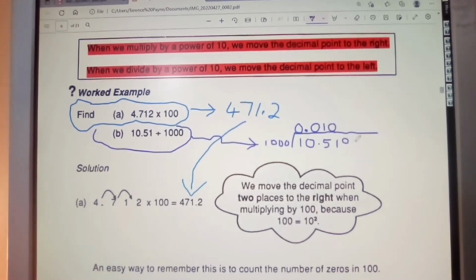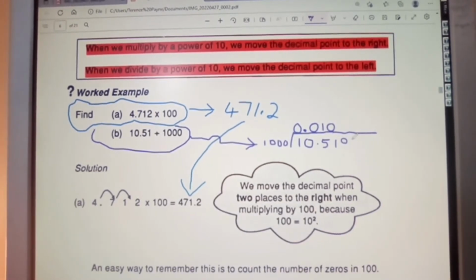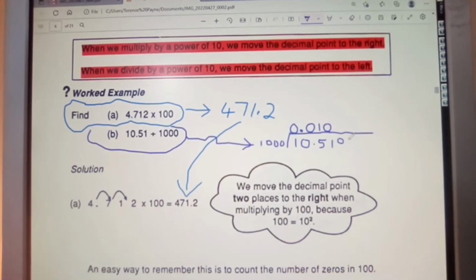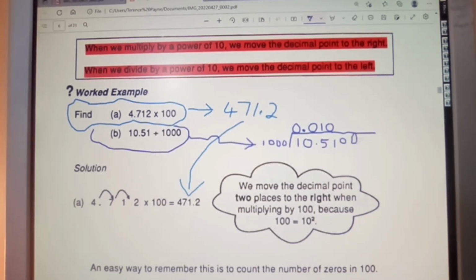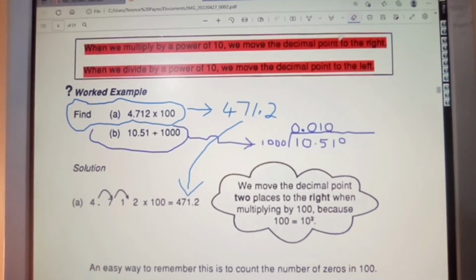So we have to add a 0. That's how we come. Let me remove this here. So, okay, thank you. Get back to my pen.